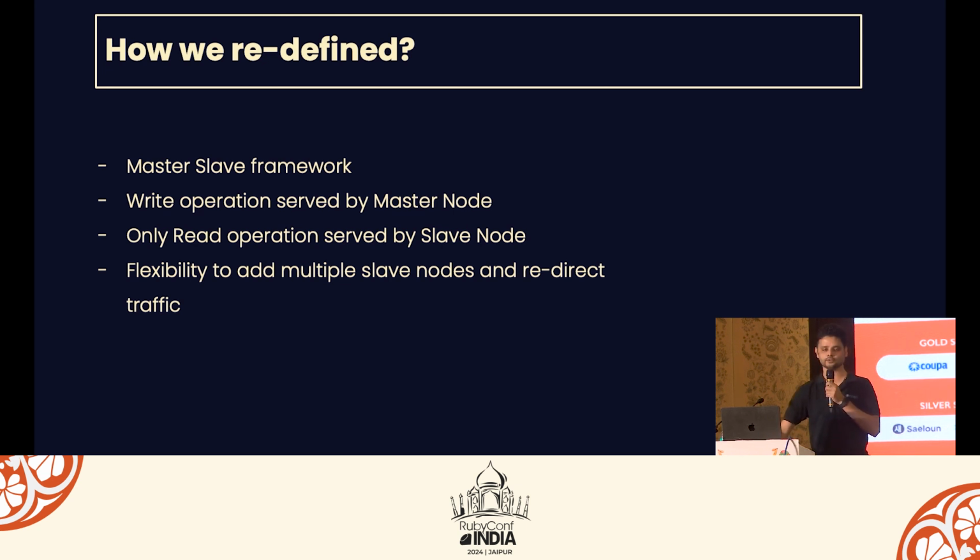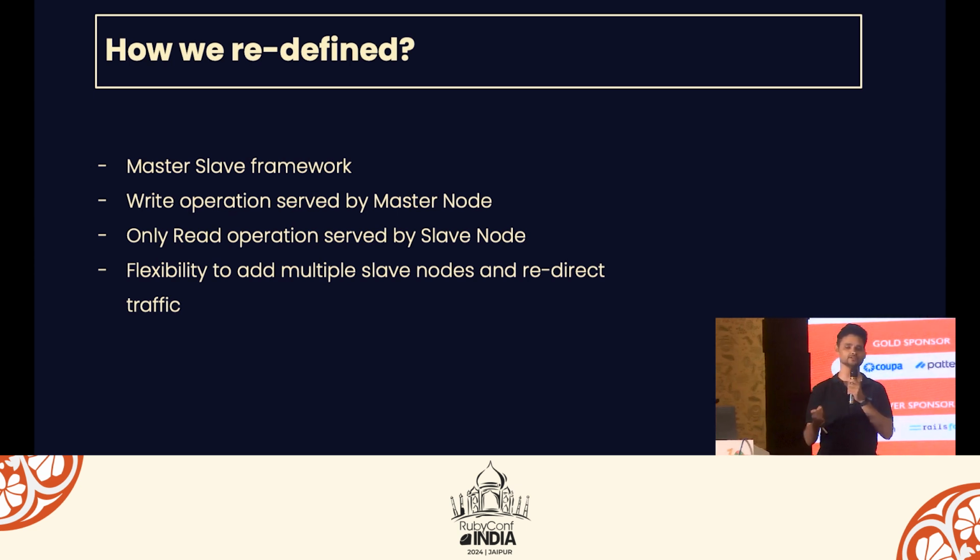Due to this, we have the flexibility to divert our traffic to different slave nodes, and we can manage different kinds of transactions to be served by different slave nodes just by adding a slave node.